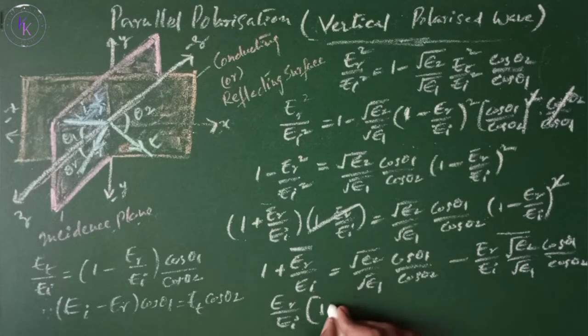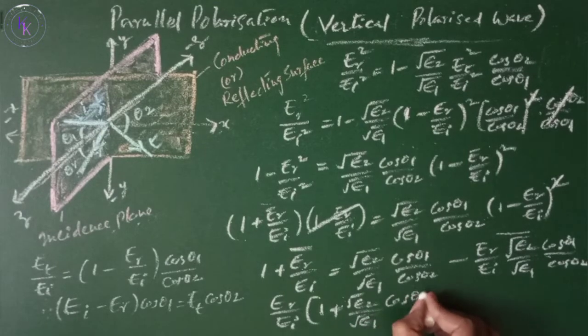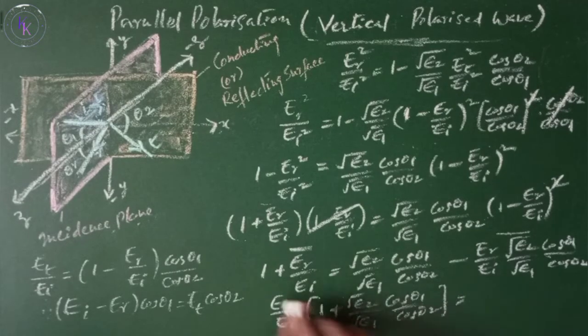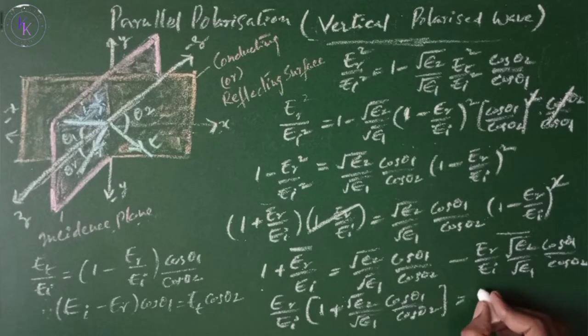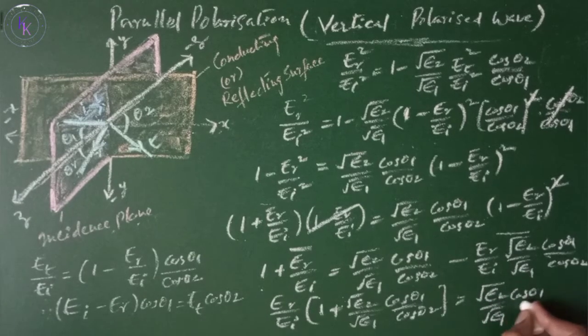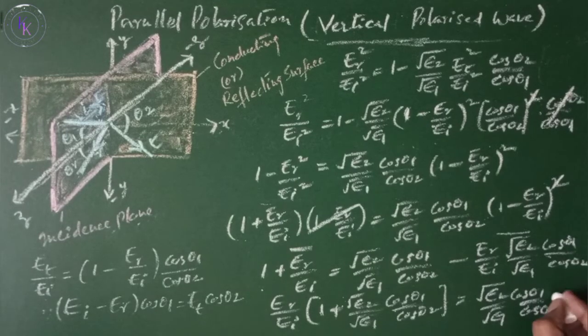Then 1 plus square root of epsilon 2 divided by square root of epsilon 1, cos theta 1 divided by cos theta 2, that equals, I am taking this one to the other side, square root of epsilon 2 divided by square root of epsilon 1, cos theta 1 divided by cos theta 2, minus 1.